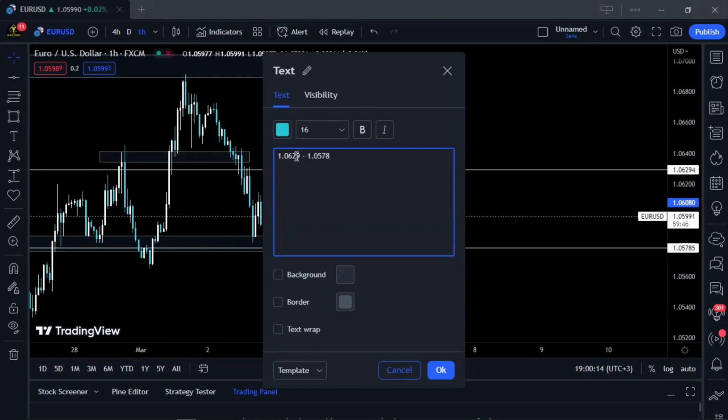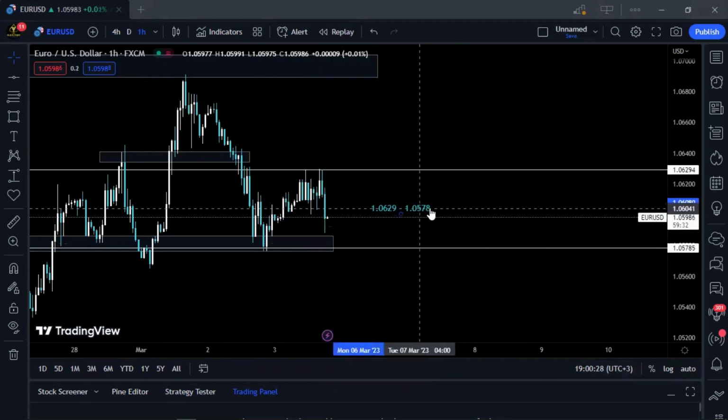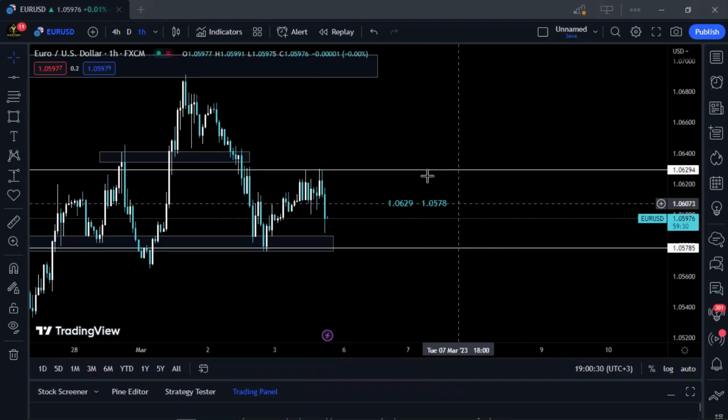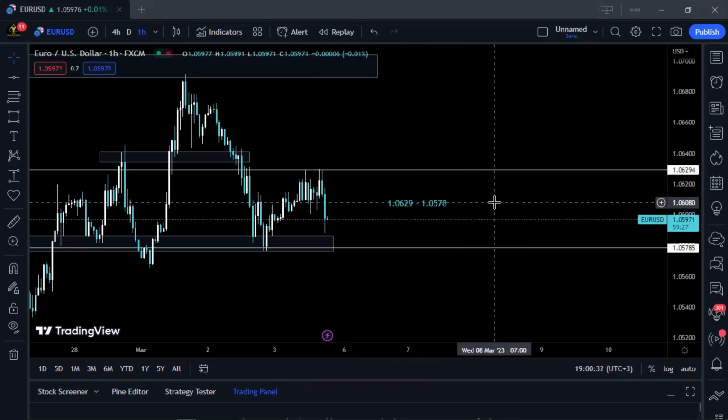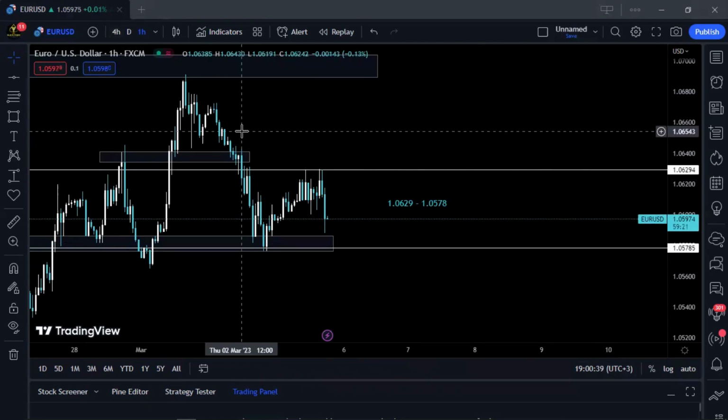You see I've completely ignored all these last digits because these are not pips, these are points. They're too minor to be calculated, and their change in the markets is too small, too insignificant, that's why it's ignored. Whatever answer you get there, that's the pip difference from here to here. That's from the US perspective.